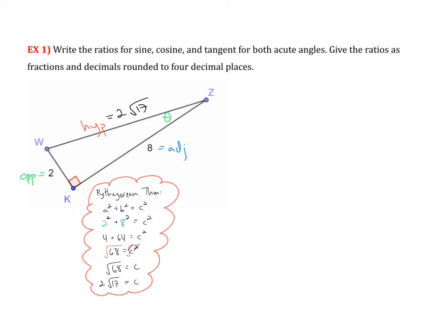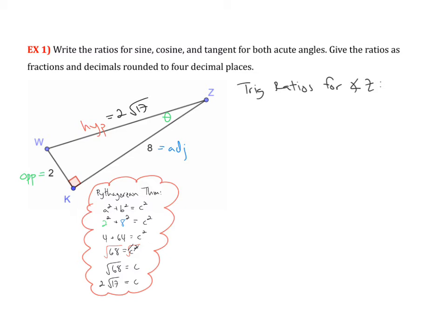All right, so now let's start writing all of our trig ratios for angle Z. So this is where SOH, CAH, and TOA would come in handy.